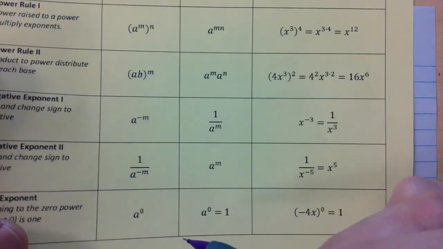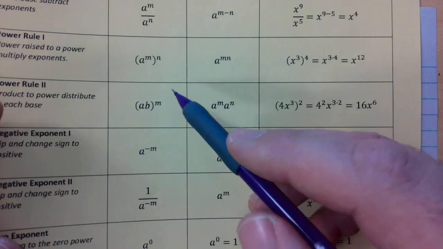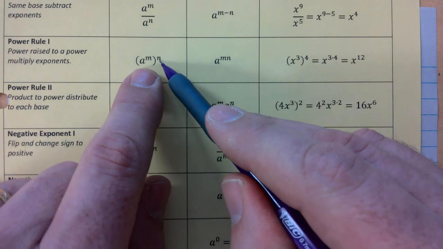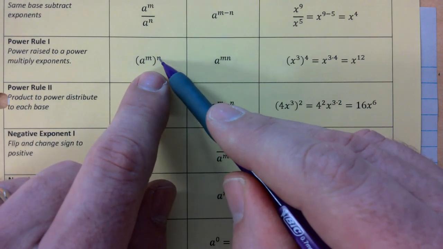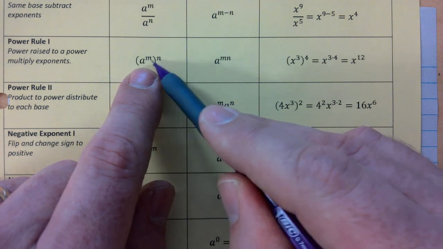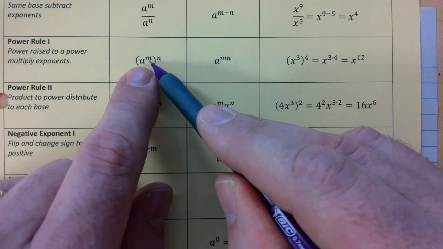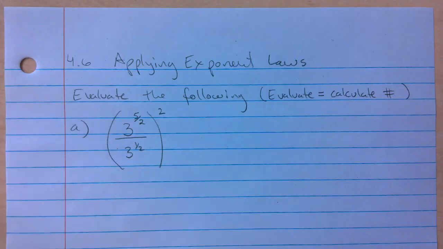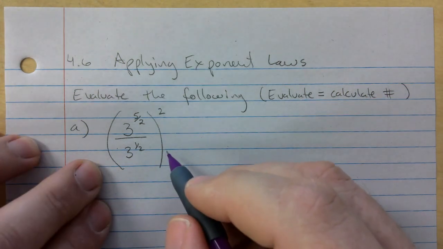This is the one that most students forget about: a power of a power, you multiply them, okay? If there's something outside and inside, you multiply the exponents. So that's what we're going to cover, but I'm going to go step by step here, one example at a time.